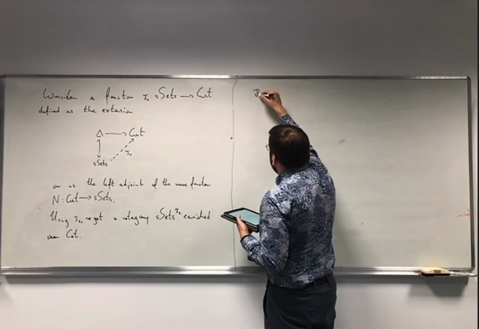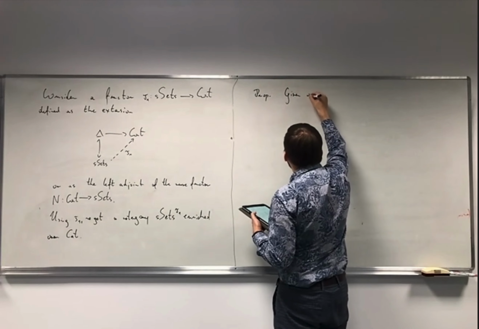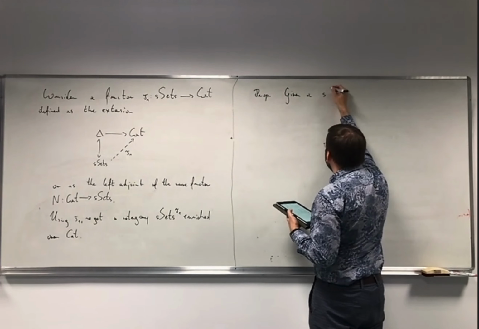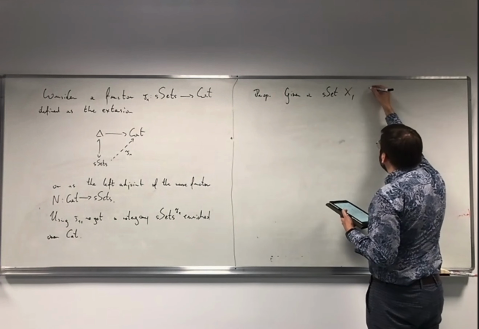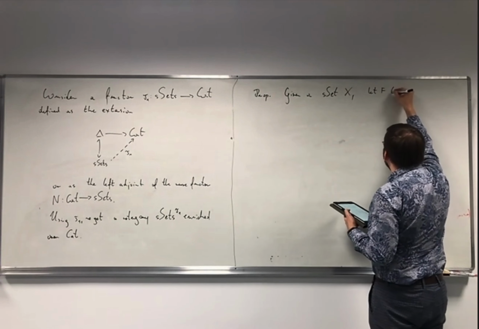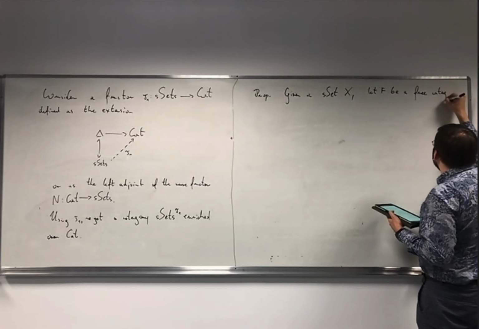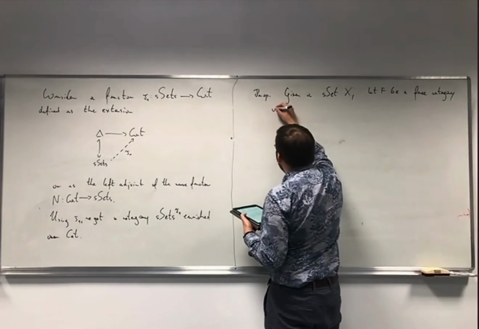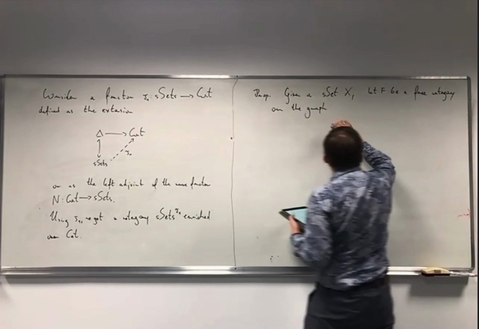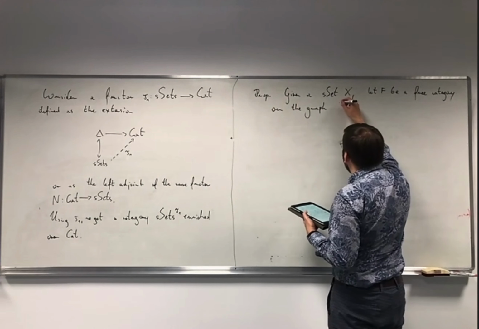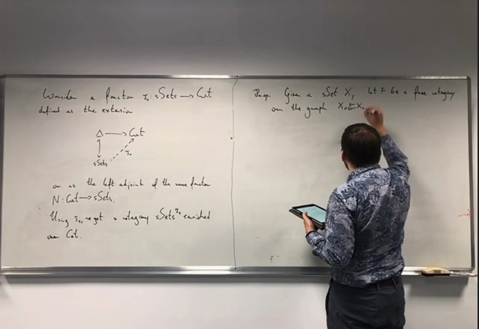So a proposition is that given a simplicial set X, let F be the free category on the graph X_0, X_1.